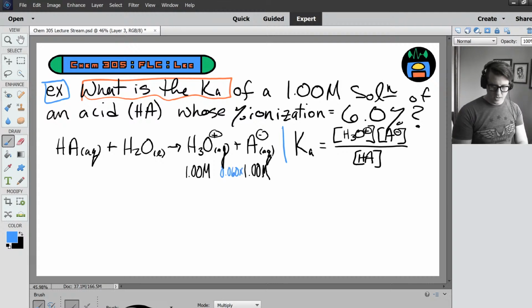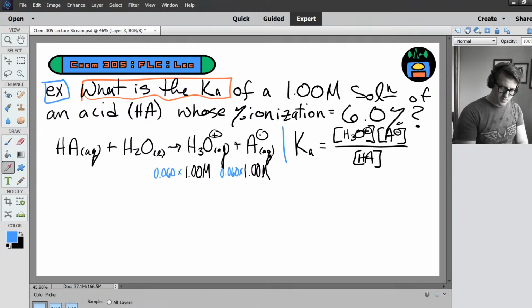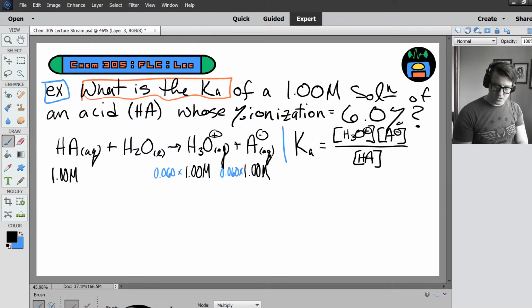That's .060, right? That's 6% as a decimal. To find the concentration of the acid, we have to multiply our initial concentration by 0.94, right?